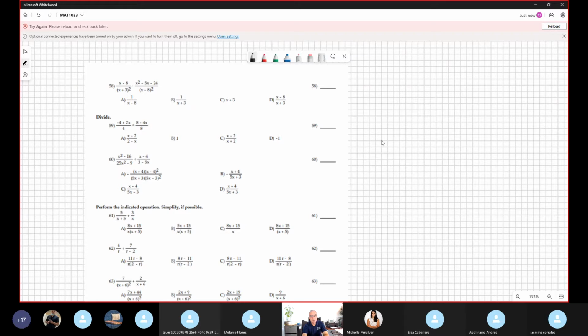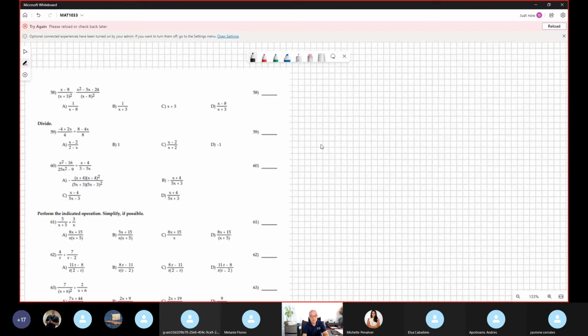Okay, 58. 58 is another problem of multiplication. It is (x minus 8) over (x plus 3). Oh, nice. Somebody did the job. The factorization we put together, no? I appreciate this so much.